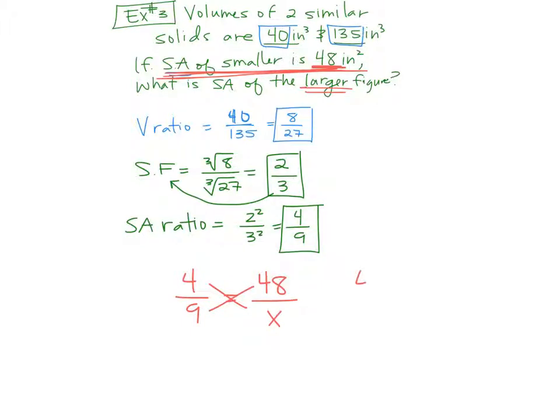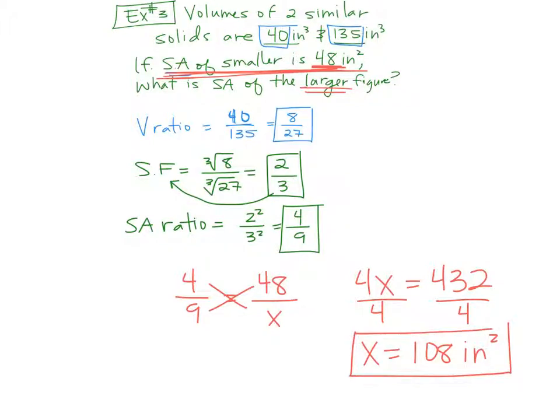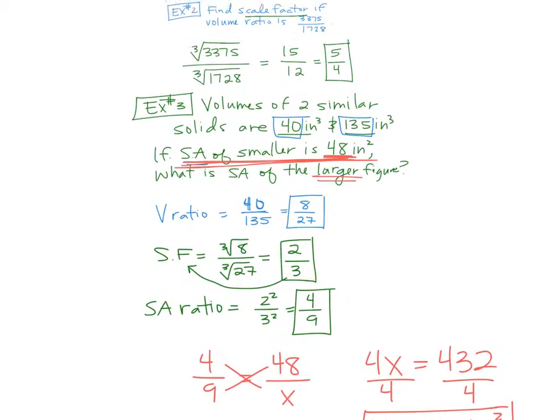So it's 4x equals 48 times 9, which is 432, and then you divide by 4, which is 108. And we were talking inches, and this is a surface area, so 108 square inches. They gave it to us in the problem, right here. The smaller figure had an area of 48.